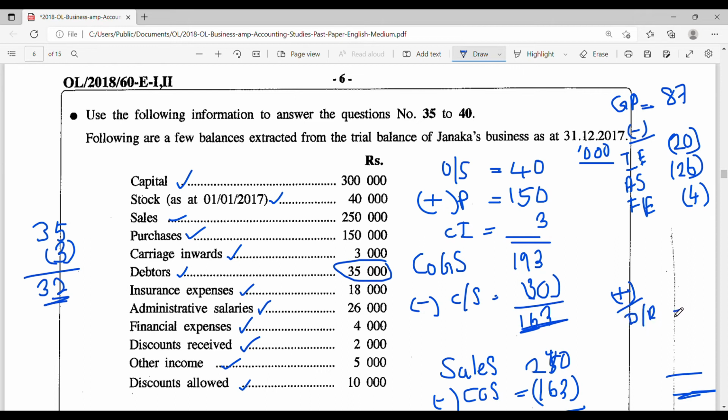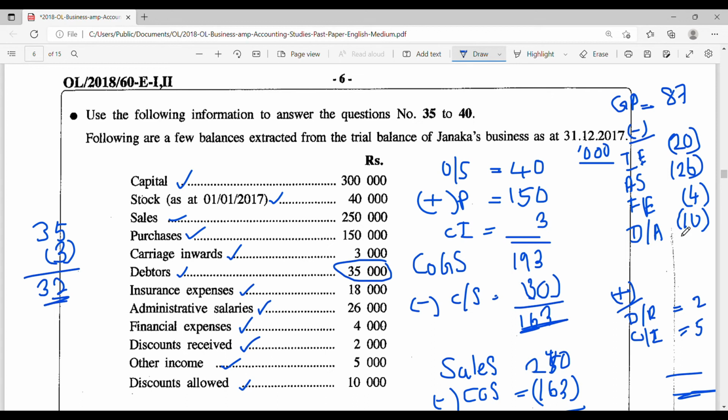Other income of 5,000 is also an income to the business which needs to be added. Finally, you have discount allowed, which is an expense, so you need to deduct that 10,000. Are we complete? No.